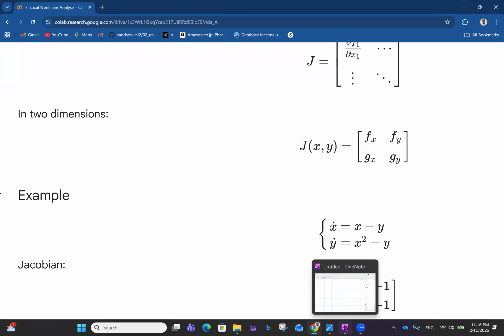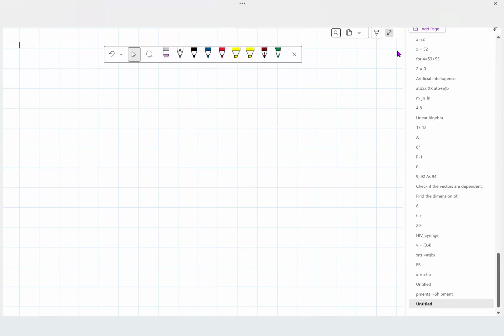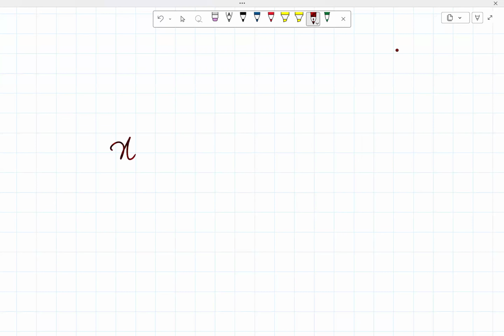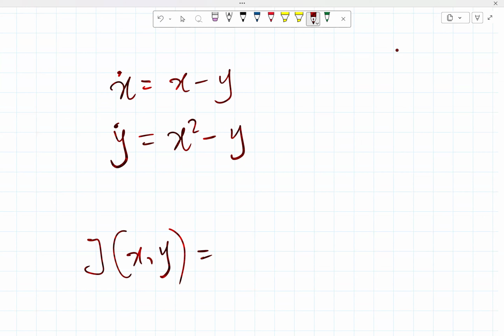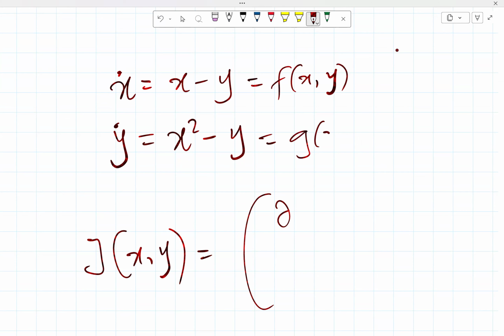To drive that home further, x dot is x minus y, and y dot is equal to x squared minus y. We're saying that we need the Jacobian of x comma y. Generally speaking, this is now f of x comma y, if you like, and this is g of x comma y.